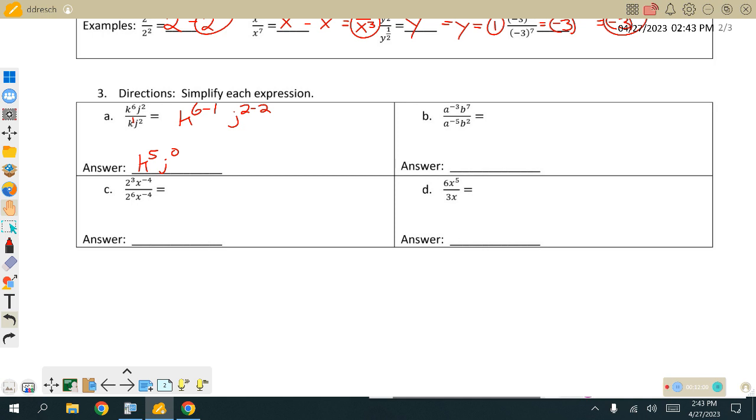The J, because J has a 0. Anything to the 0 power becomes 1. So the J is about to change. Just basically drop it, right? The final answer is K to the 5th. We said one more time, anything to 0 power becomes 1. It just basically drops out. Okay?